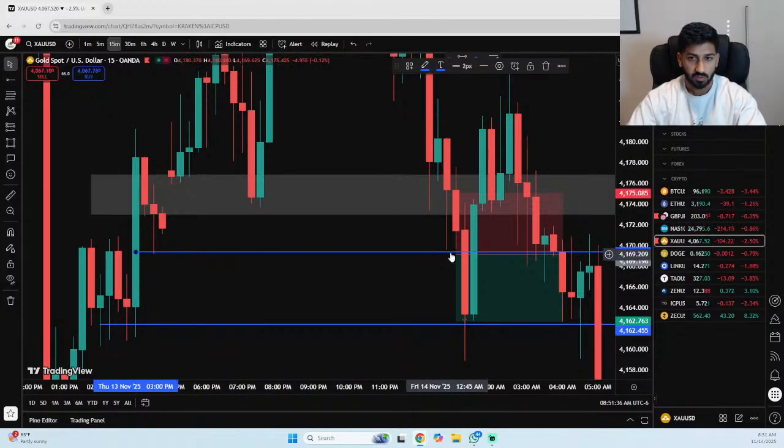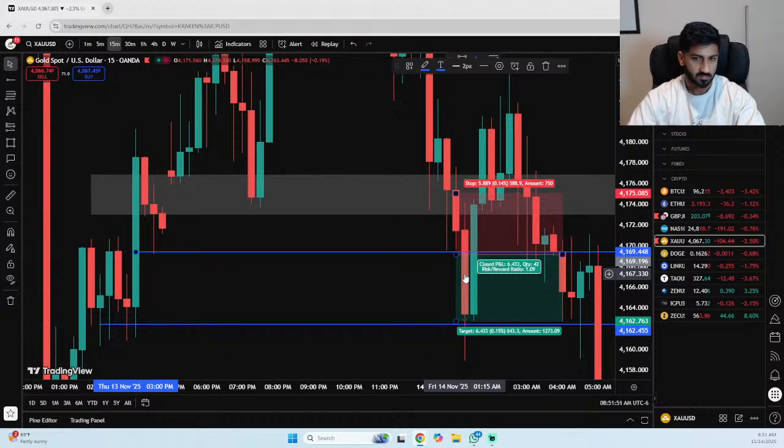Once it broke below these wicks, the idea was to have a stop loss above the current candle's high for price to continue pushing down to these wicks. This took maybe 2.5 minutes, and you have 80 pips in profit.